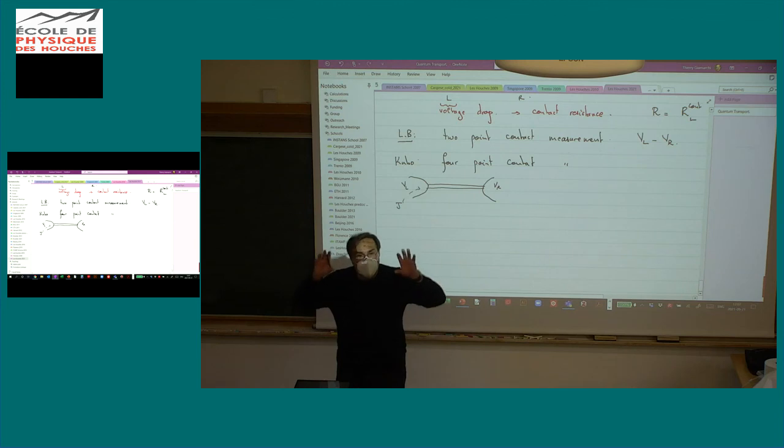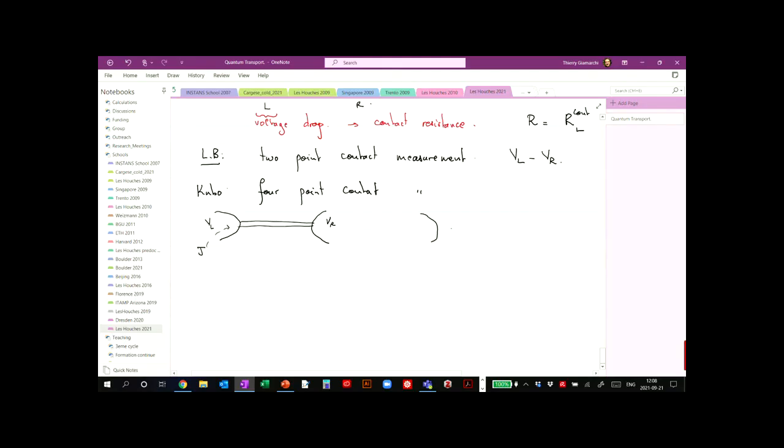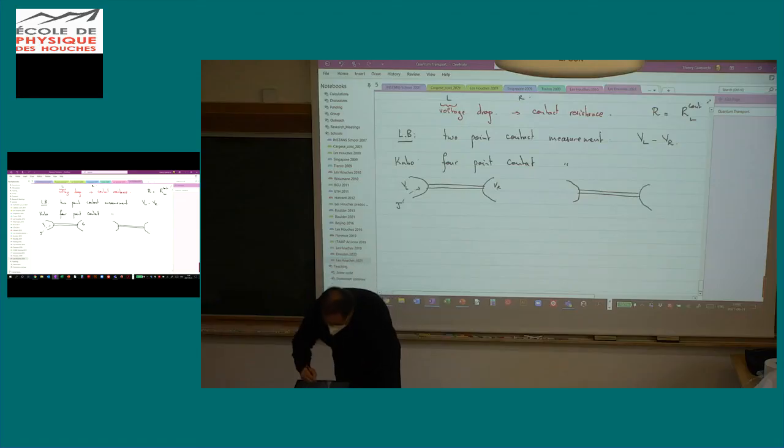So you use the two reservoirs both as a measure of the current, but also as a measure of the potential. Now what you could do is another experiment where you have still contacted your system like this, but now you put other systems here, and these systems allow you to determine what is the potential here at position 1 and the potential at position 2.